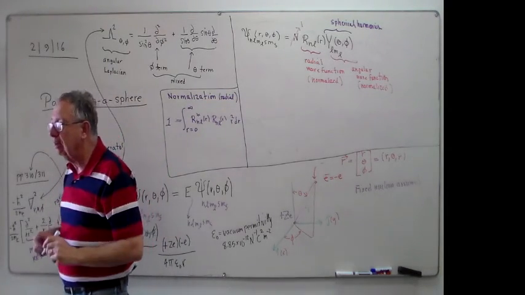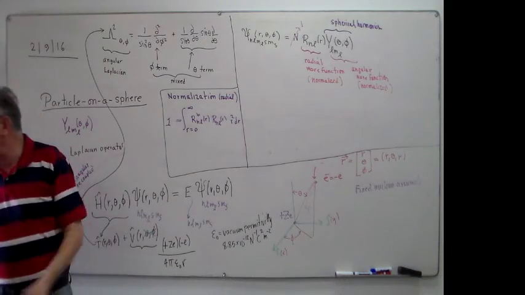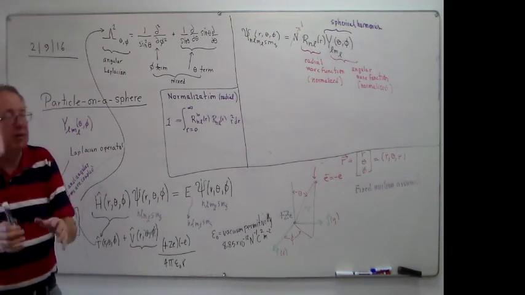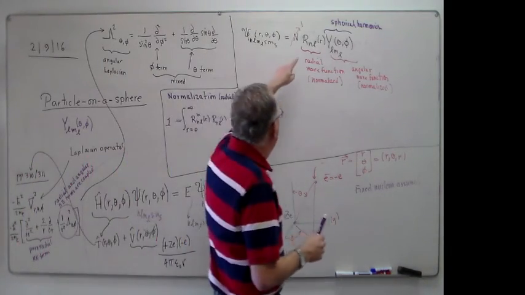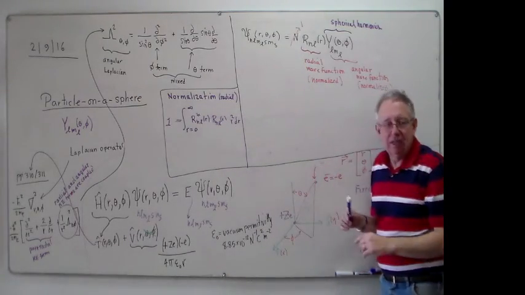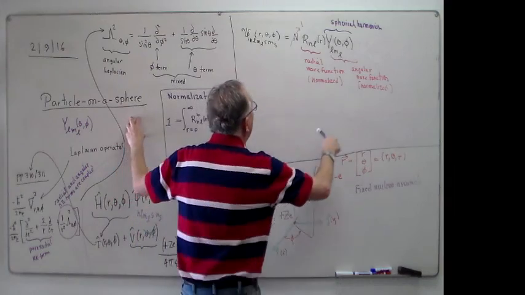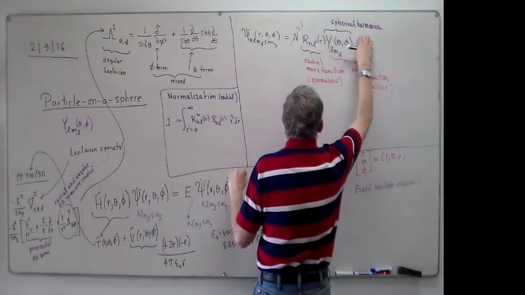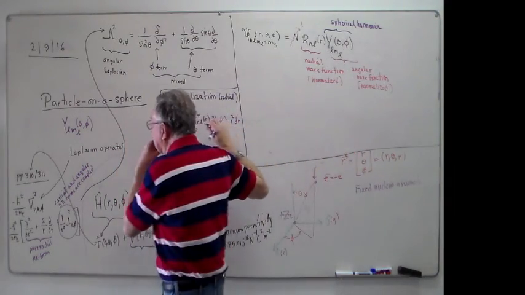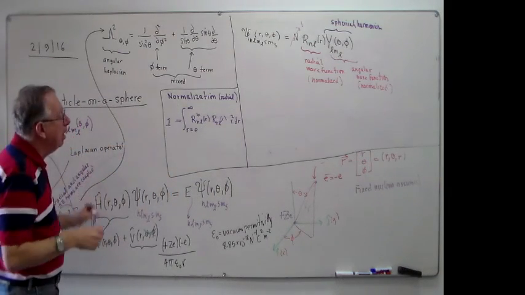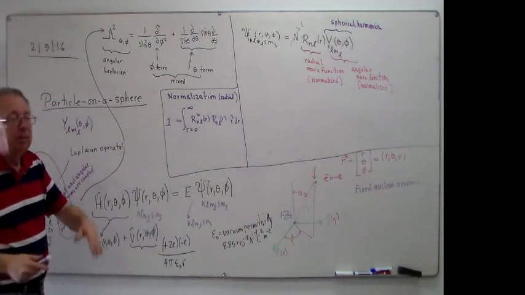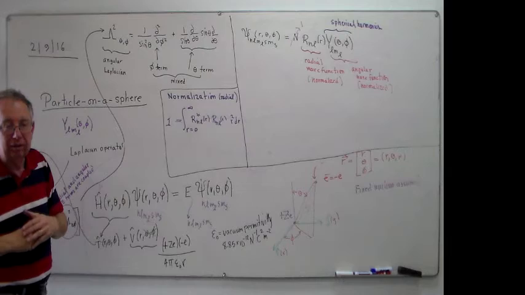You'd be done, because there's no radial part to particle on a sphere, the radius is fixed. Here, I have to have a radial wave function. So there's a similarity between particle on a sphere and hydrogen atom or hydrogen-like atoms in that they have the same angular part, but they have different radial parts.